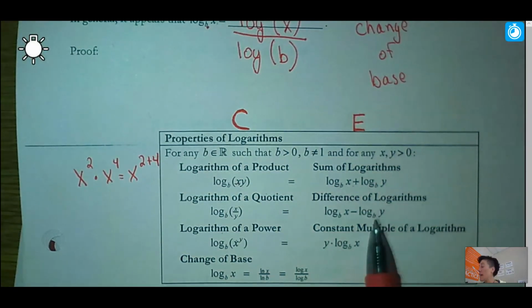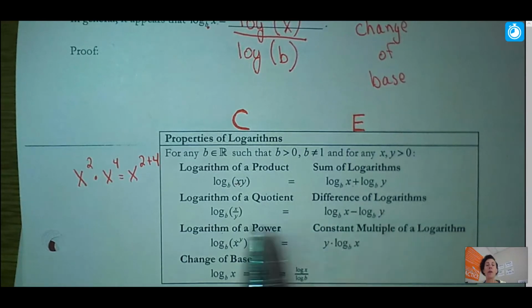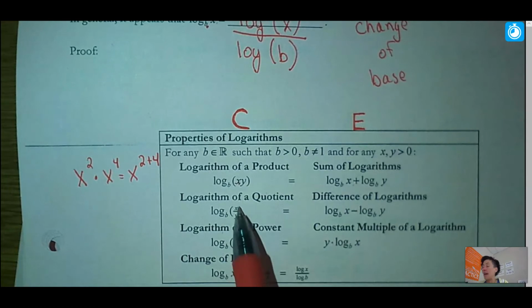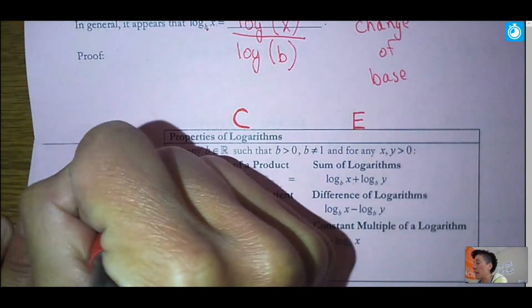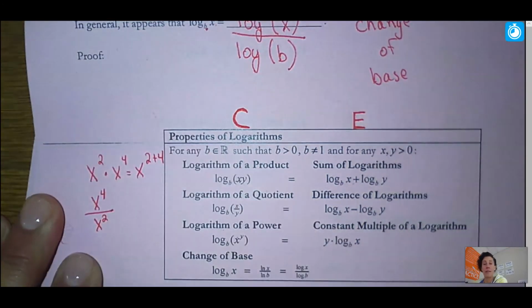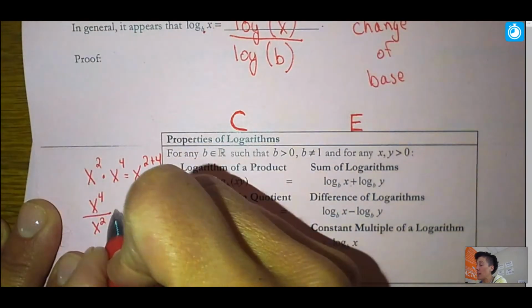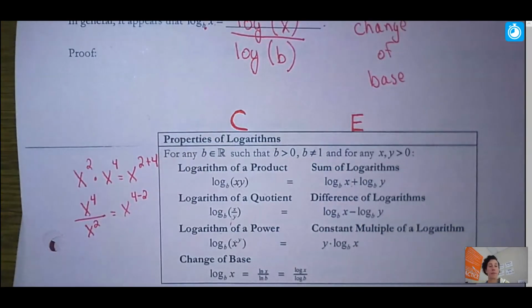So this is the other one. If you see subtraction of several terms of logs, you can combine them into one argument, and that argument will have division, and that's similar to this rule. If there is division, then you subtract. So if I see division, I subtract the exponents.